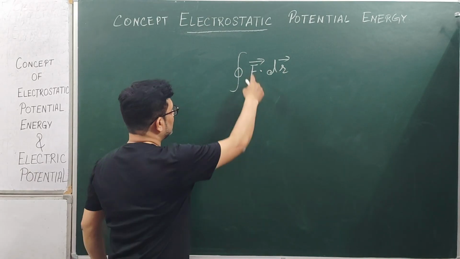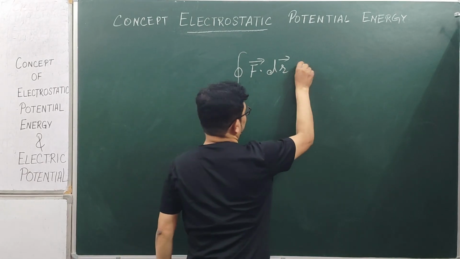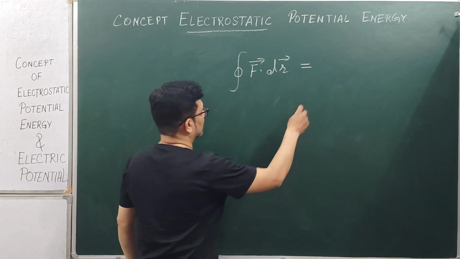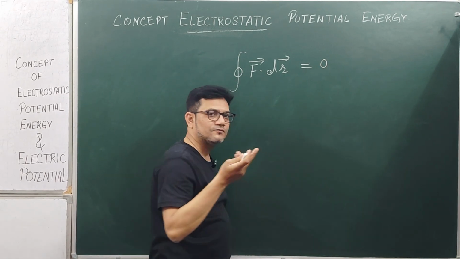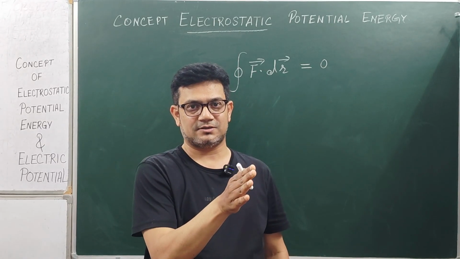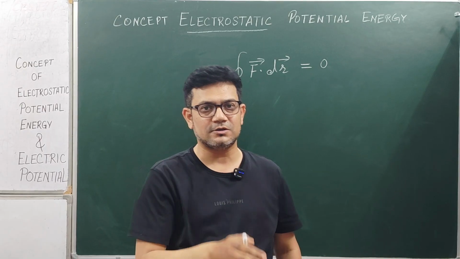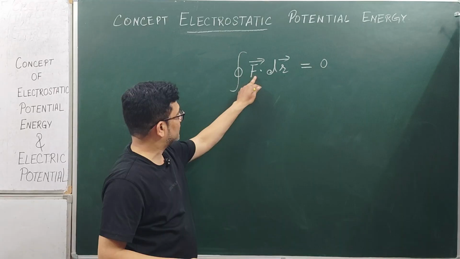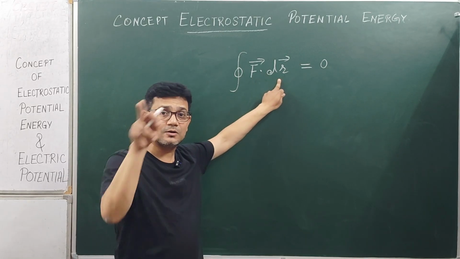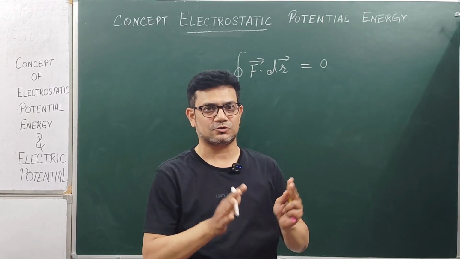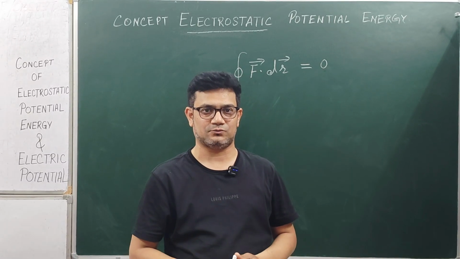In a closed path, if this force happens to be a conservative force, then the work done is going to be 0. In either of the two situations, if the force is path independent, or the work done by the force in a closed path is 0, then you say that the force we are talking of is a conservative force.